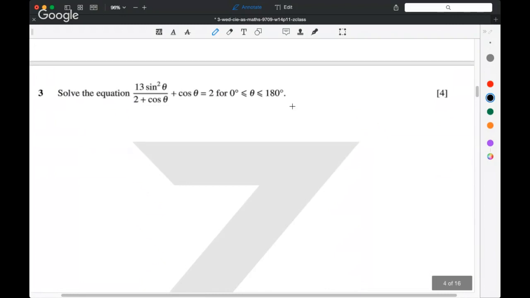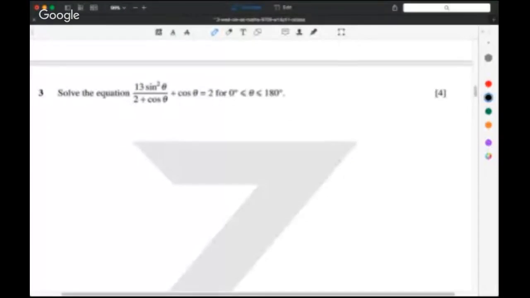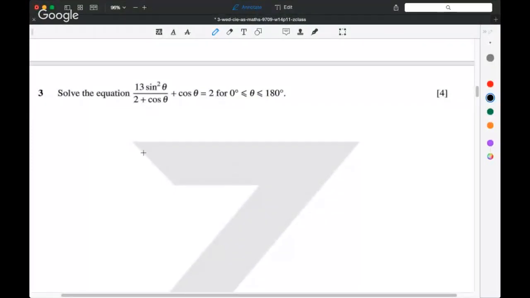Okay, so this one's also trigonometry, but it's just a little more involved. You have to essentially just use the formulae for the trigonometric functions that are in your formula booklet. So first, I'm going to bring this cosine into this fraction.